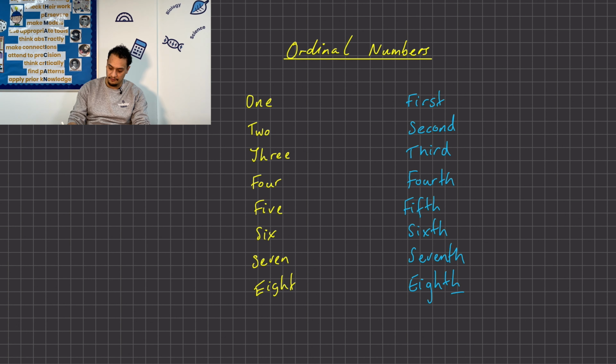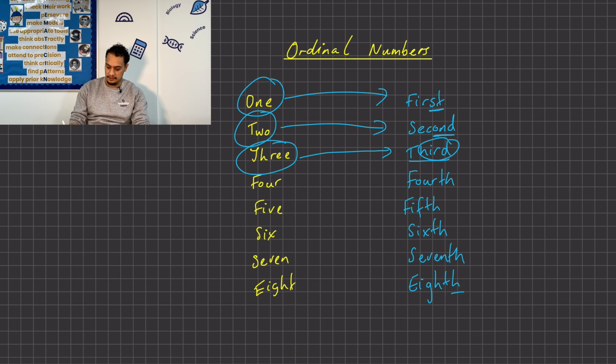All the rest of them have these, so first has ST, then second is completely different to 2. Notice how different they are. Third is quite similar, but there is a noticeable difference with this IRD compared to this REE.